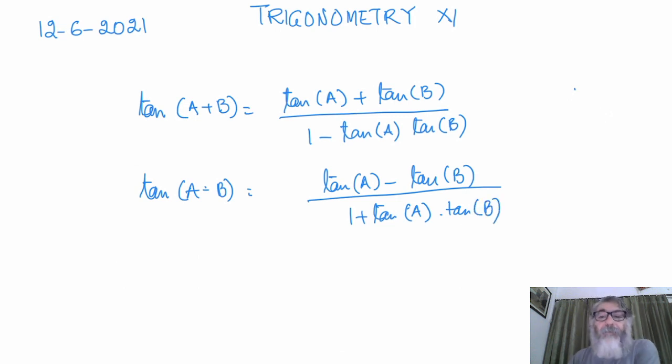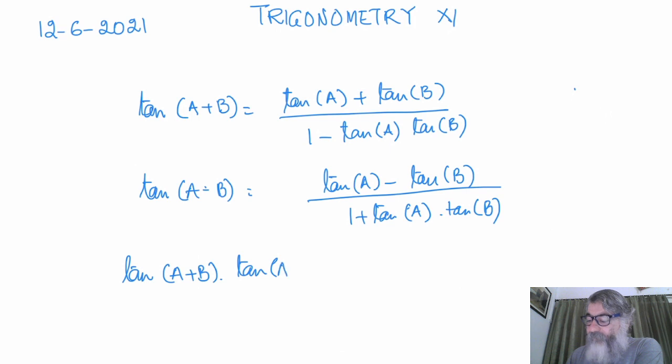Also, like I had done sin(A+B) into sin(A−B) as sin square A minus sin square B, similarly we multiply these two, tan(A+B) into tan(A−B), what will we get? We will get the multiplication of the right hand side.